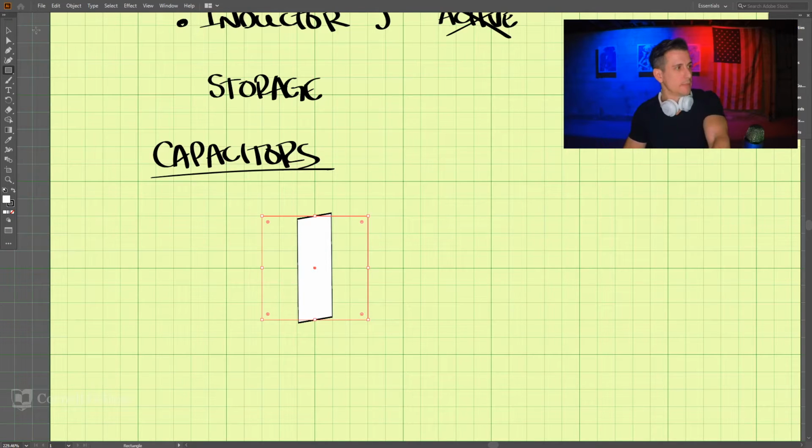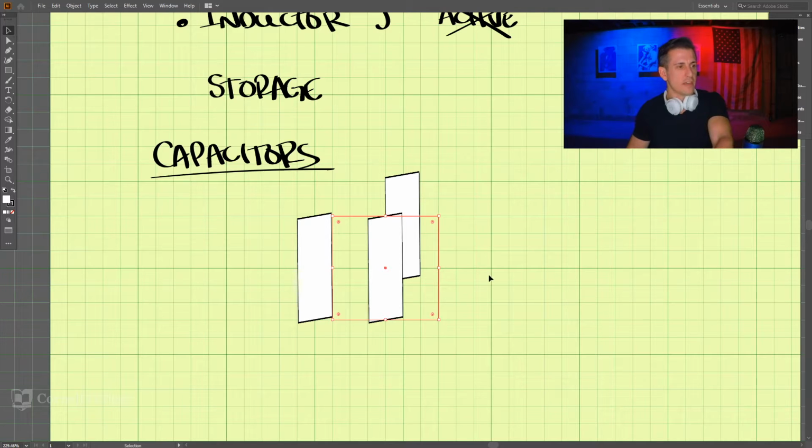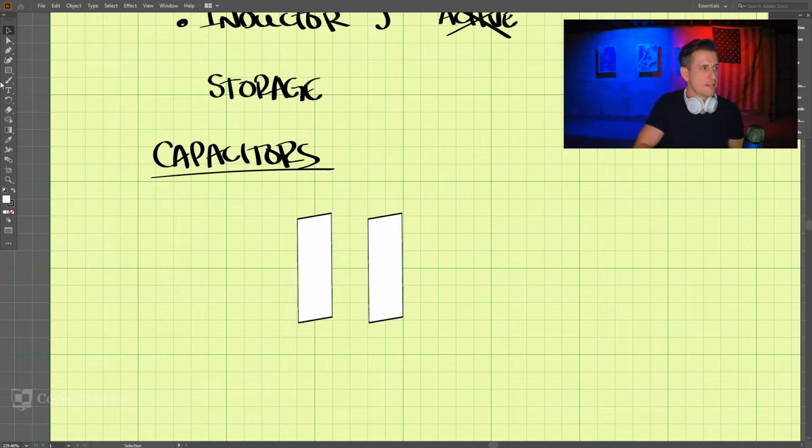We can think of these as just two plates, and these will have a certain amount of charge on them, negative and positive.